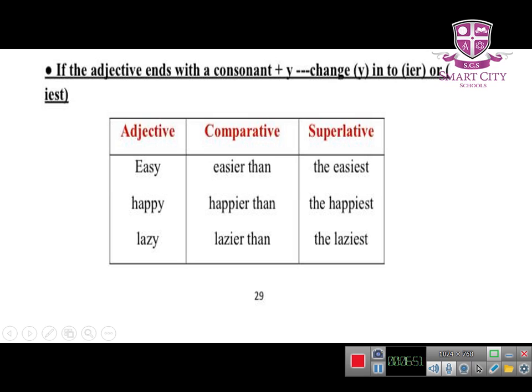So we remove the y and we add ier or iest. Happy, happier, happiest. Lazy, lazier than, the laziest. So again, if the adjective ends with a consonant, then y, we change the y into ier or iest.